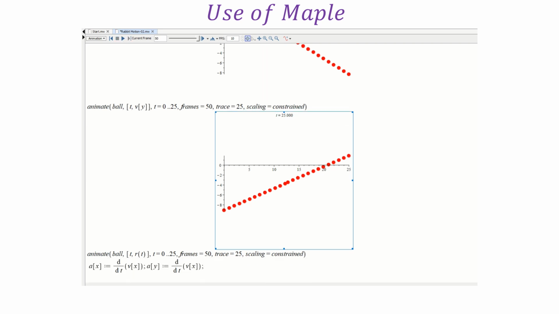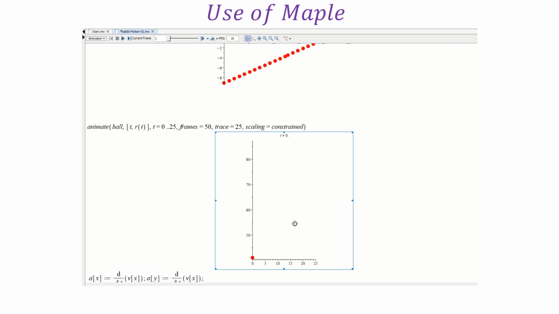Now we shall see the animation of r of t, which was in fact under root of x of t square plus y of t square. On the x-axis we shall have time, on the y-axis we will have r of t, and for 25 seconds we'll have 25 traces. And this animation is playing now for you.